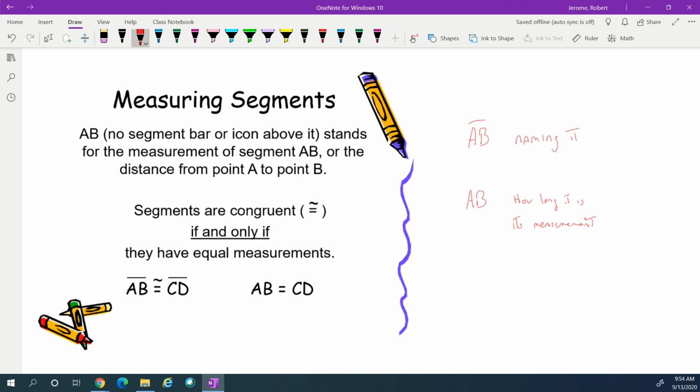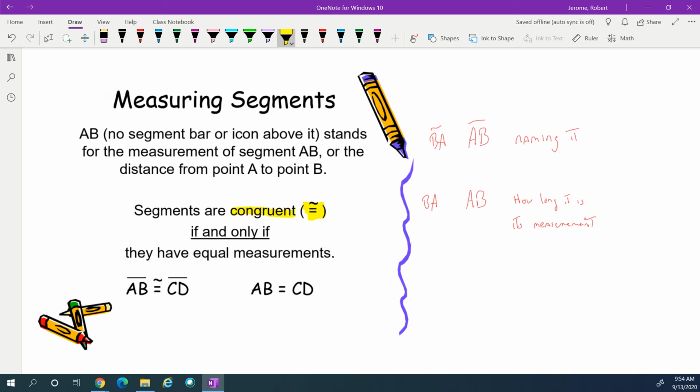Remember, segment AB and segment BA are the same thing. The other thing we want to notice right here is our congruence symbol.